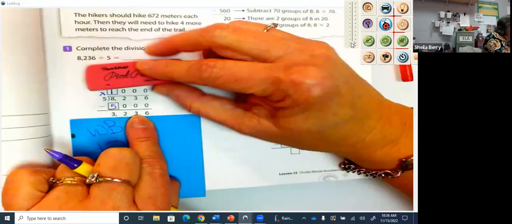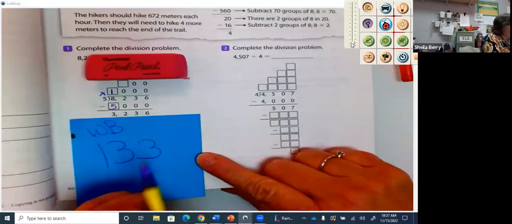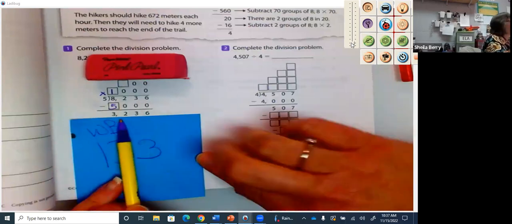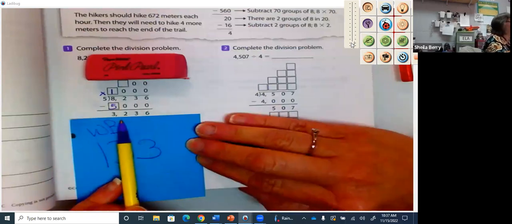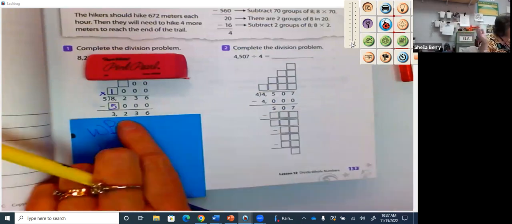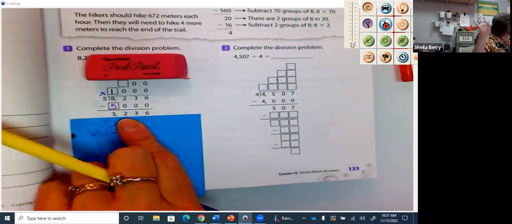So now I'm going to move up. Oh, so this one's in the hundreds. Notice there's 2 zeros. So what times 5 is going to get us close to 32? Let's count by 5s. 5 times what gets us close to 32? 5, 10, 15, 20, 25, 30, 35.